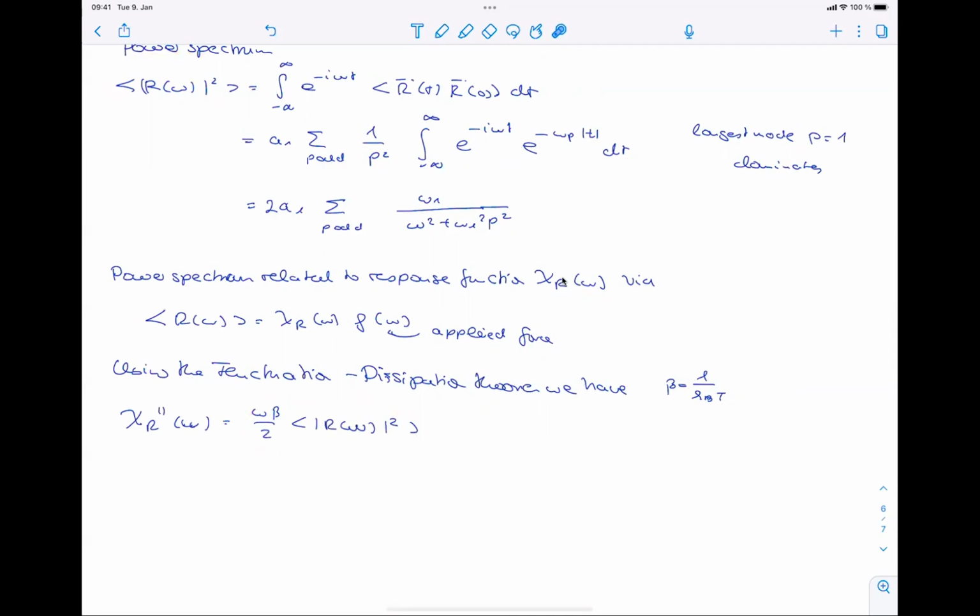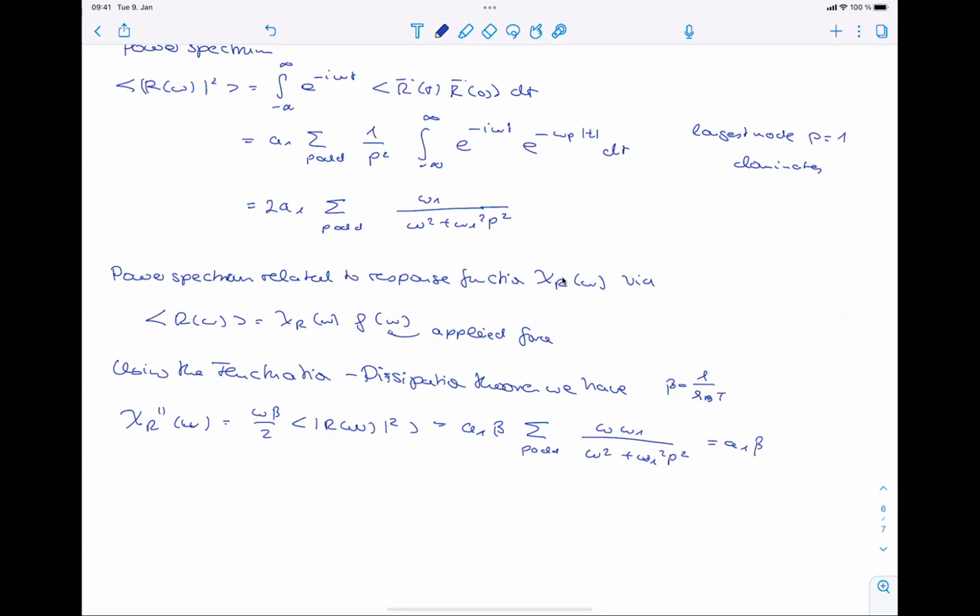So if you plug this in, we get A1 beta something in p odd, the 2 cancels, and we have omega 1 omega squared plus omega 1 squared p squared. Let me rearrange a little bit.